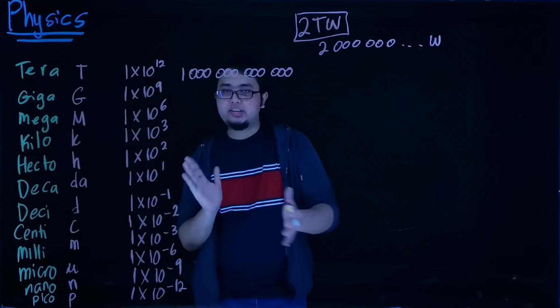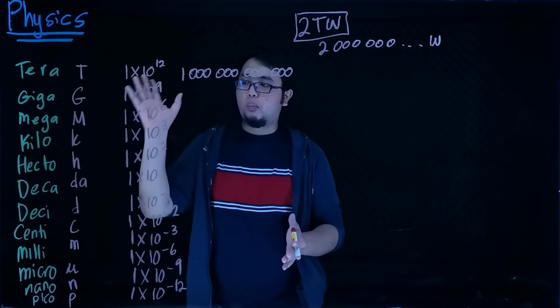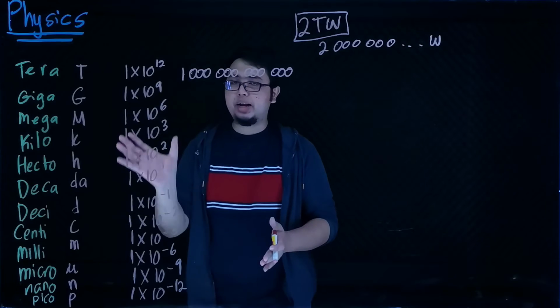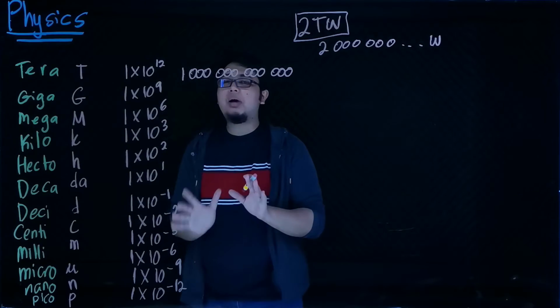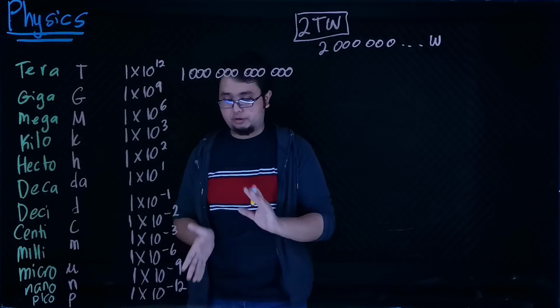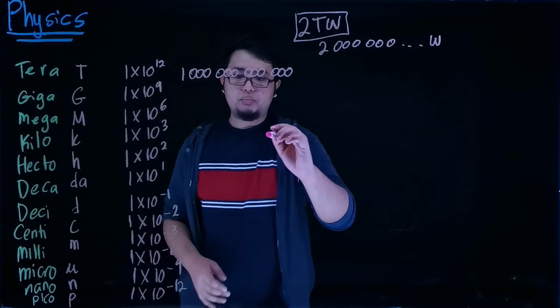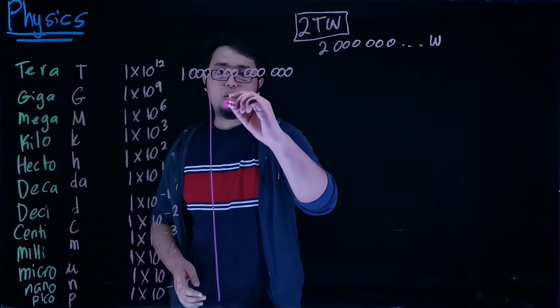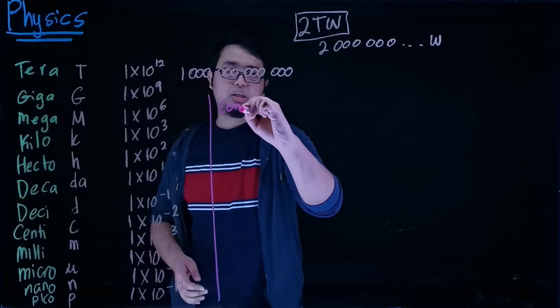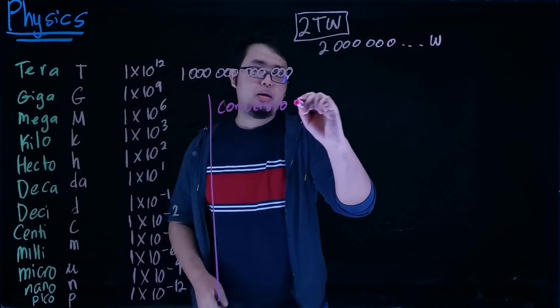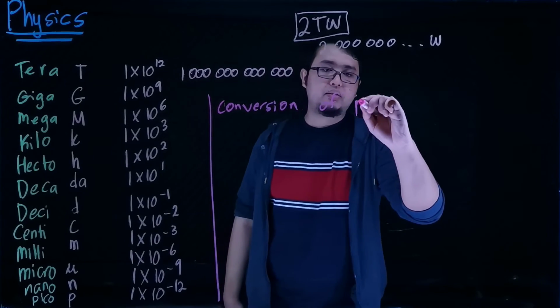Now, in physics, sometimes we have to convert from one prefix to another prefix. So I'm going to teach you a much simpler way to do this without confusing yourself. Let's say I'm giving you a conversion of prefixes.